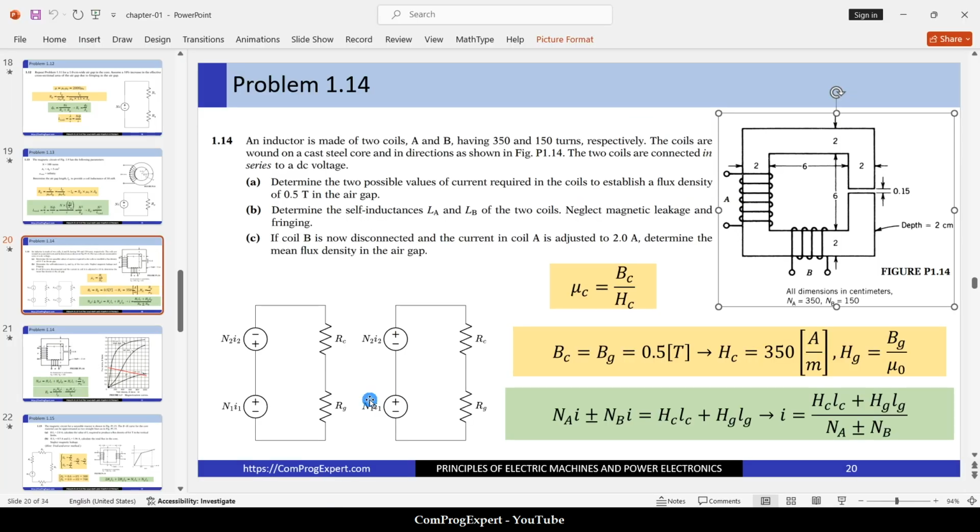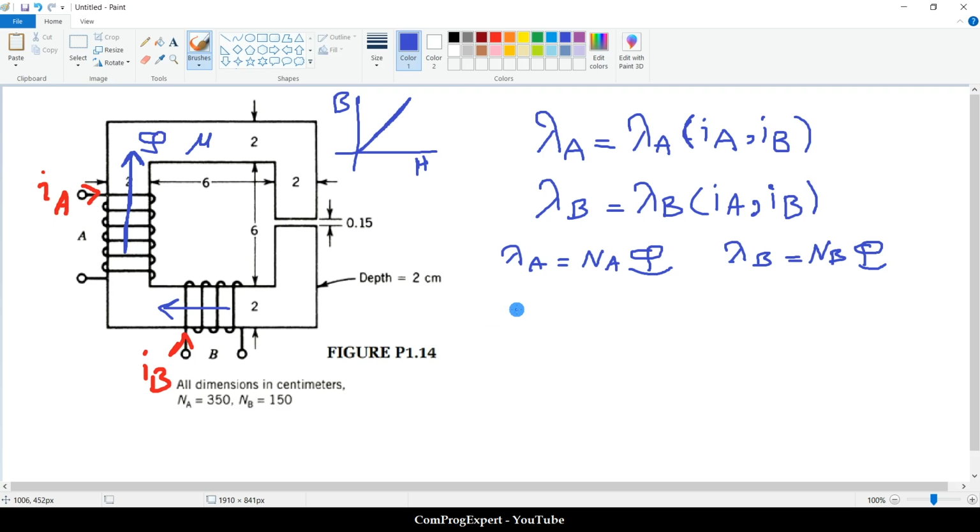Using this magnetic equivalent circuit, we can write the value of phi is equal to the total magnetomotive force, NA IA plus NB IB, divided by the reluctance of the core plus the reluctance of the gap. Okay, so this is the value of phi, the flux in the core.